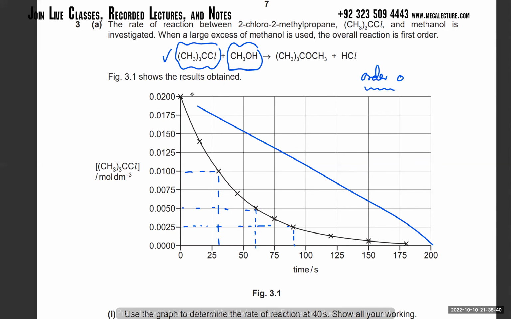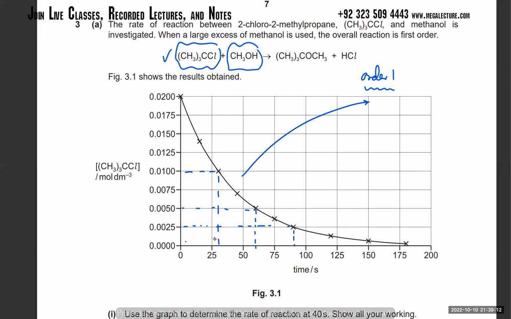Yes, sir. Order 1 means the half-life will be constant. So this one over here is actually order 1. Whenever the concentration decreases, the reaction slows down proportionally, so it takes a longer time. It just becomes an asymptote and continues endlessly, and the half-life is constant.